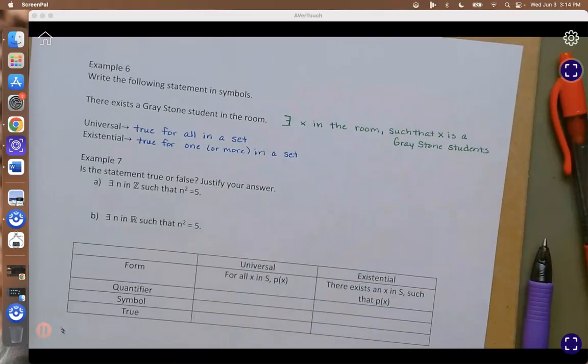Okay, so let's look at these statements that are written in symbols here and see if we can figure out if they're true or false. And if they're false, we have to justify our answer by giving a counterexample.